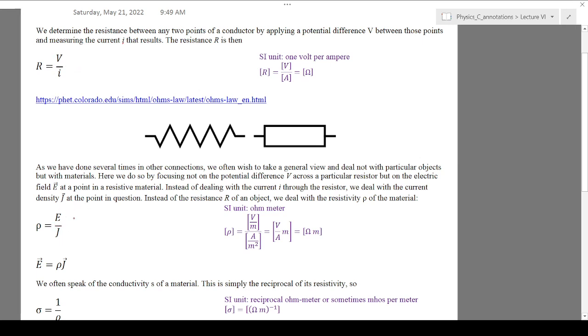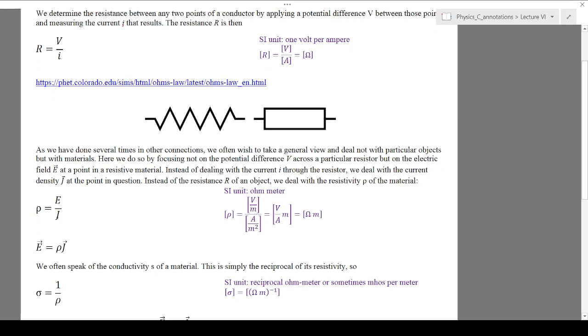The electric field, sorry, not electric potential. We are trying to use the electric field at any given point in a resistive material to represent that, and then we are going to use also the concept of the current density, and then we define the other property of the material, right? We learn a little bit different way this in high school.